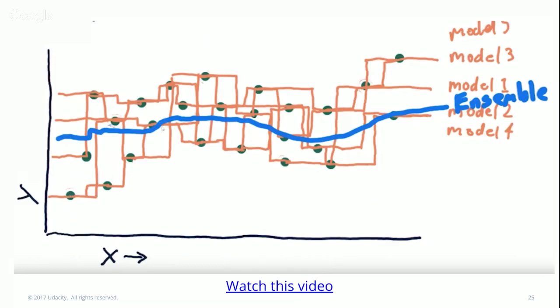Each of the models in themselves are fairly bad at making a prediction. If you take a look at model 4 here, you can try to follow the line on the bottom, and it just kind of goes all over the place trying to hit as many points as possible. The ensemble in blue will take the aggregate of all of those lines and combine them into one, which, as you can see here, is a much better fit than any of those models individually.